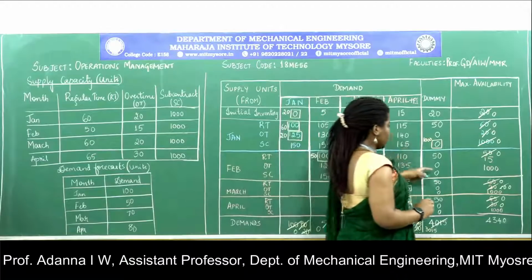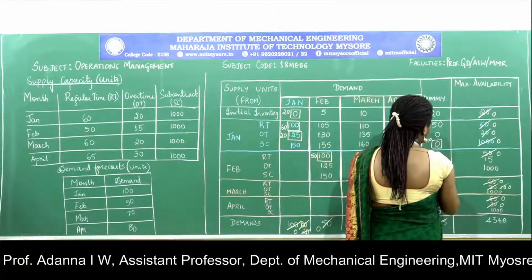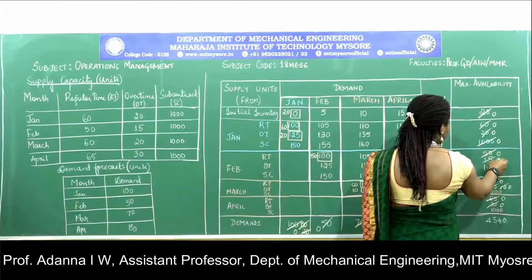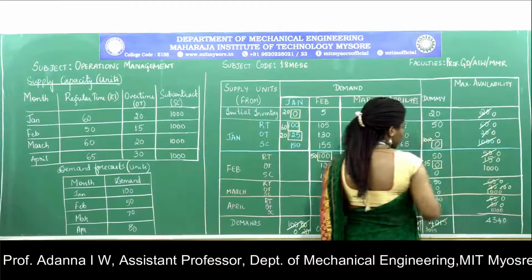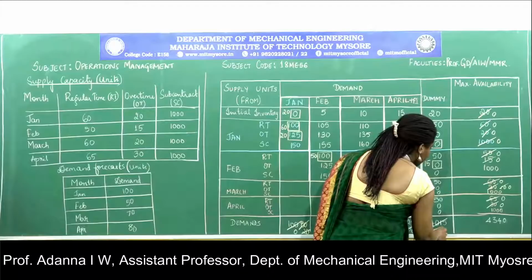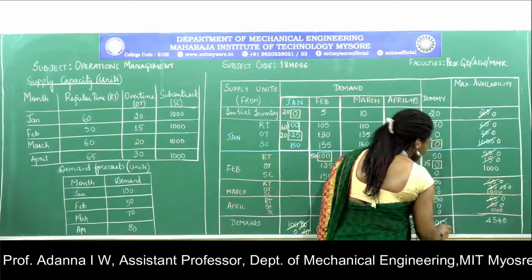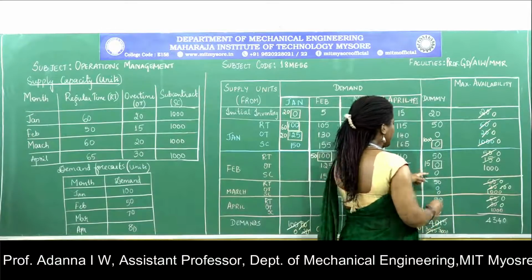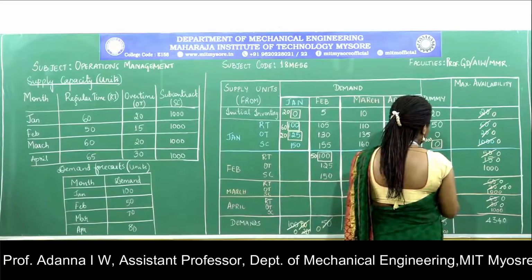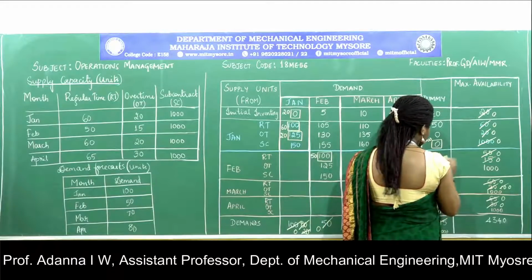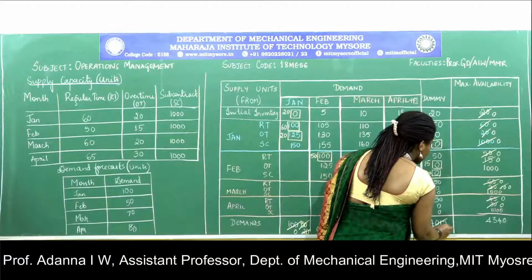Then moving on to the next one, we have 0 here, 15 is here, I will allocate 15 because it is less than this, I will be left with 3000. Then the next 0, allocate 1000, 2000 is left.